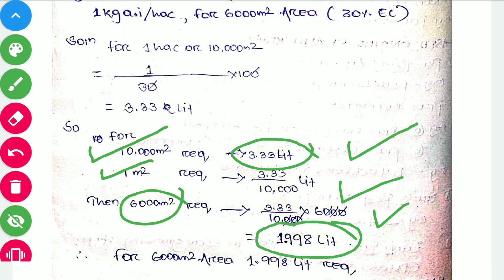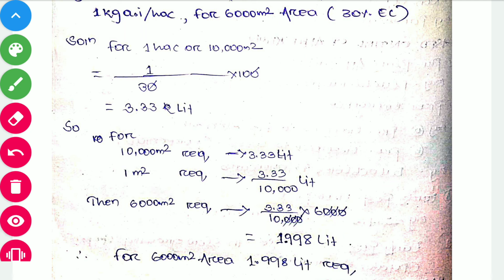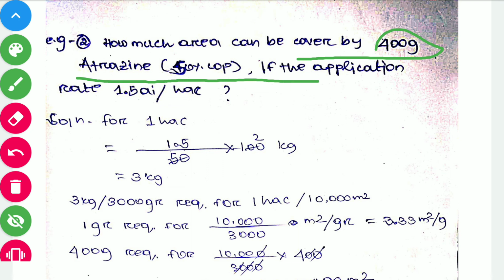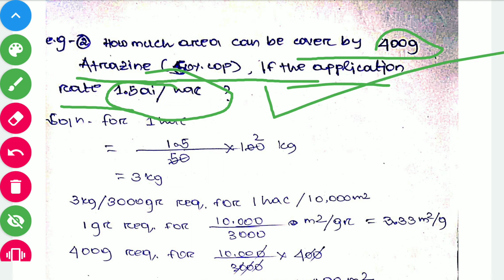I think you have understood this concept. Let us discuss another concept. Here the question is given: how much area can be covered by 400 gram of atrazine if the application rate is 1.5 kg active ingredient per hectare.